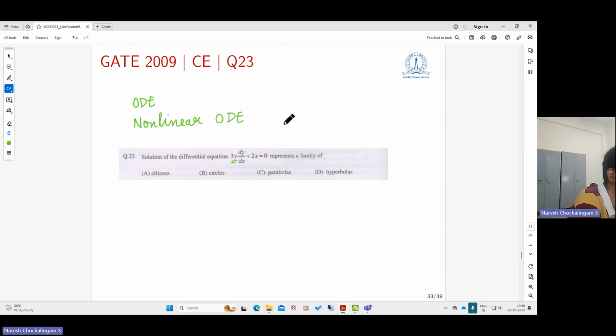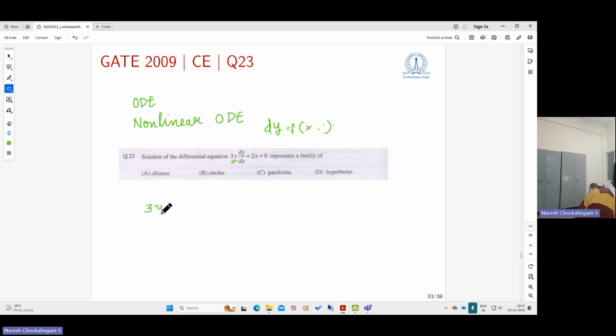So you cannot write it in this form, dy by dx as a function of x, y, and so on. So this is a non-linear ODE because it involves the unknown function y and also its product with its derivative. But that doesn't mean it is not solvable. Sorry, it's not that you cannot directly get y as a function of x, but you can do something else.